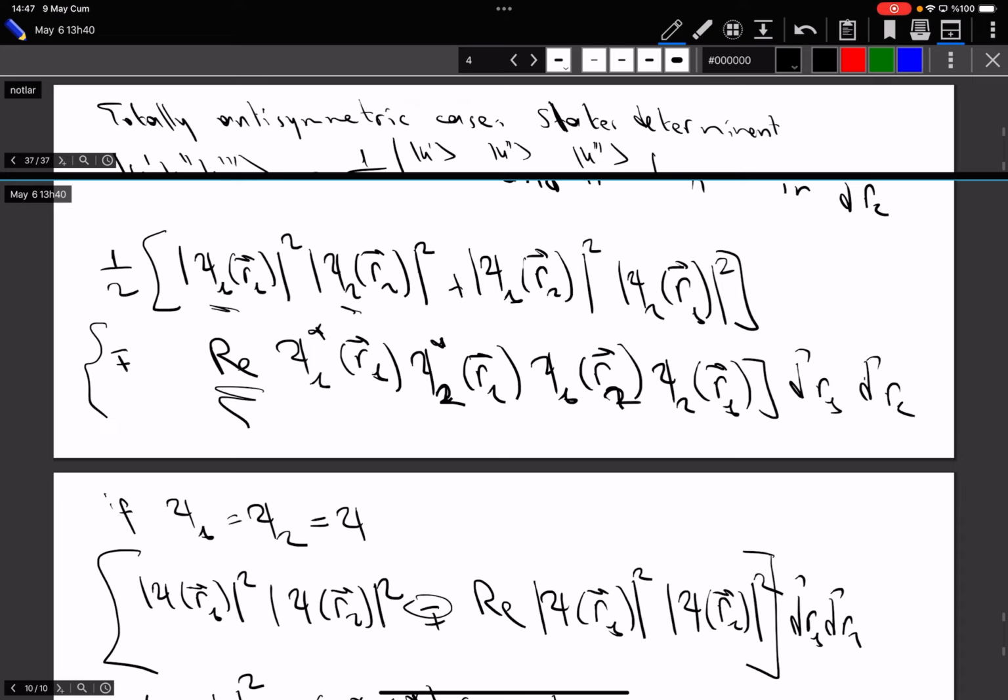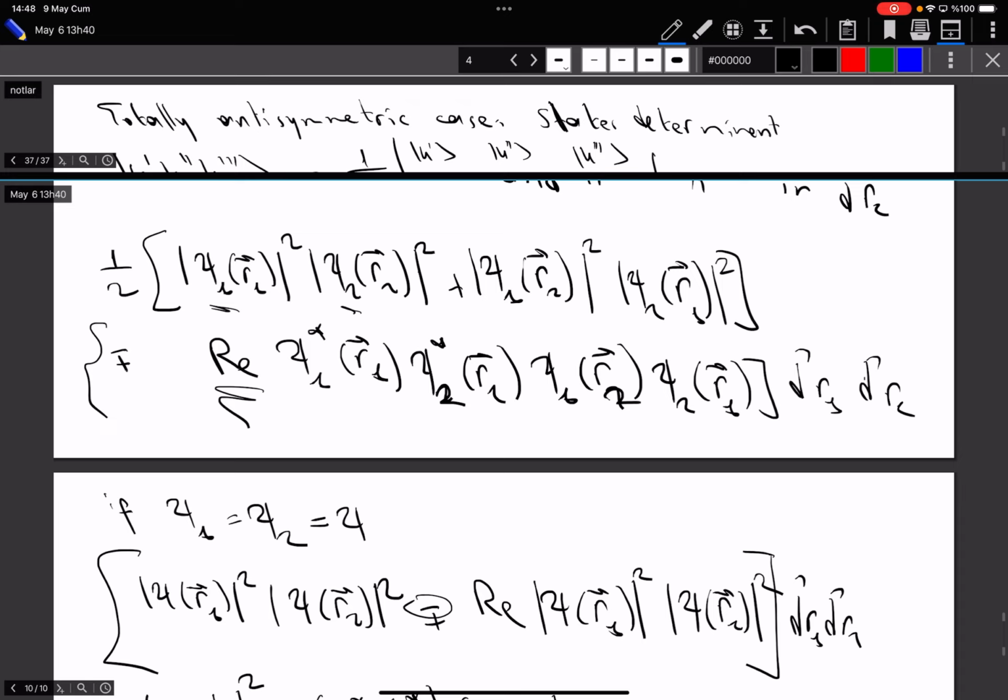The probability that you will have one particle here, another particle here, is just the product of the probabilities. You have one probability here multiplied by the other probability over there. So that's what you would get. That is the first line. But now, if they are fermions or bosons, you get the second line also.